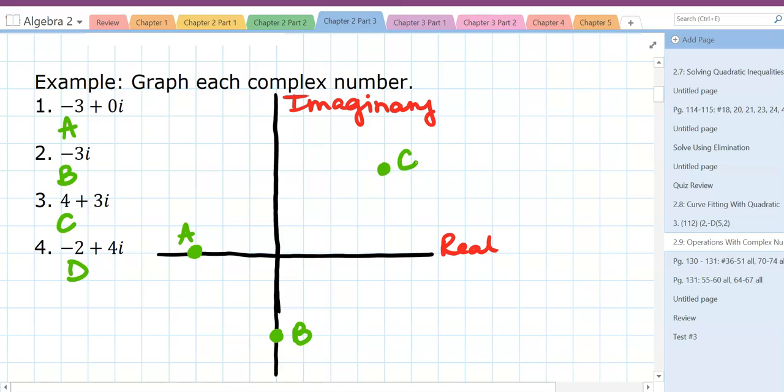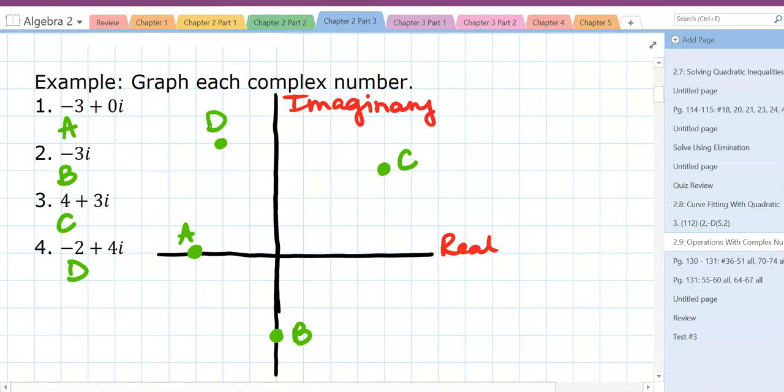So there's C. Okay, you guys try to do number 4. -2 plus 4i. So you guys should have gone left 2 first, and then up 4. And that's the next point there.